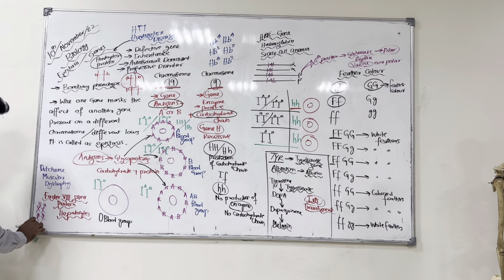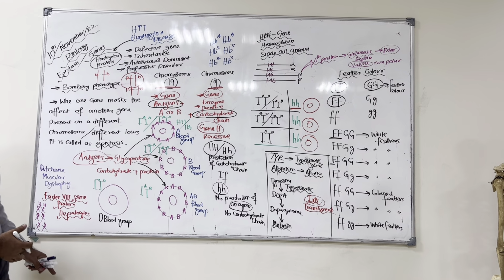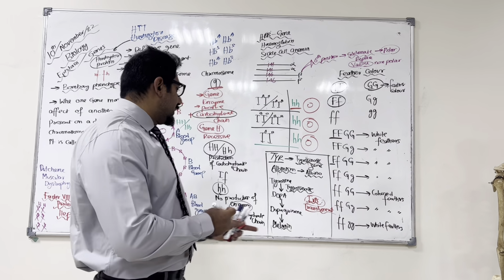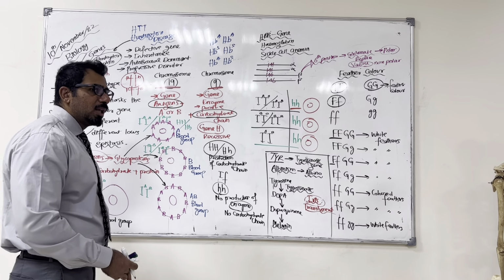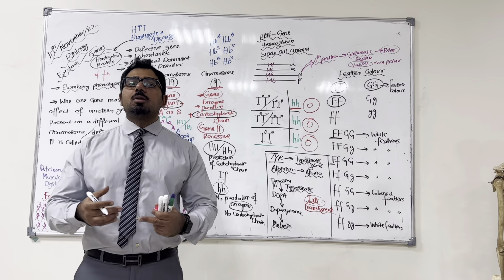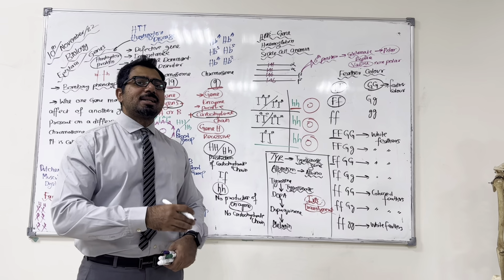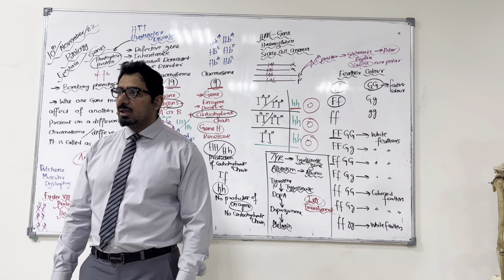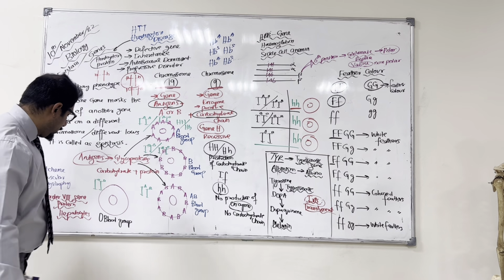A female who is X^h X^h will be hemophilic. This factor 8 protein will not be produced. Because of that, blood clotting will not take place, so the person can bleed to death, even from small cuts.